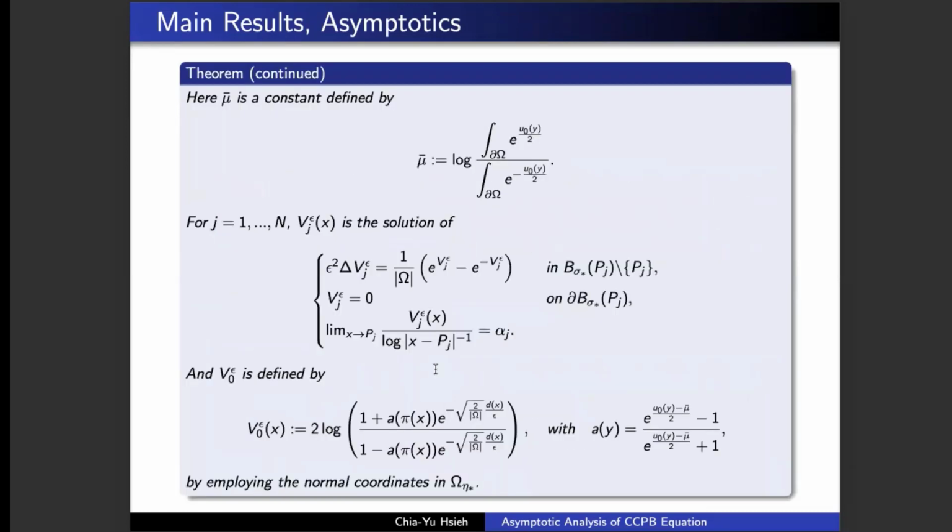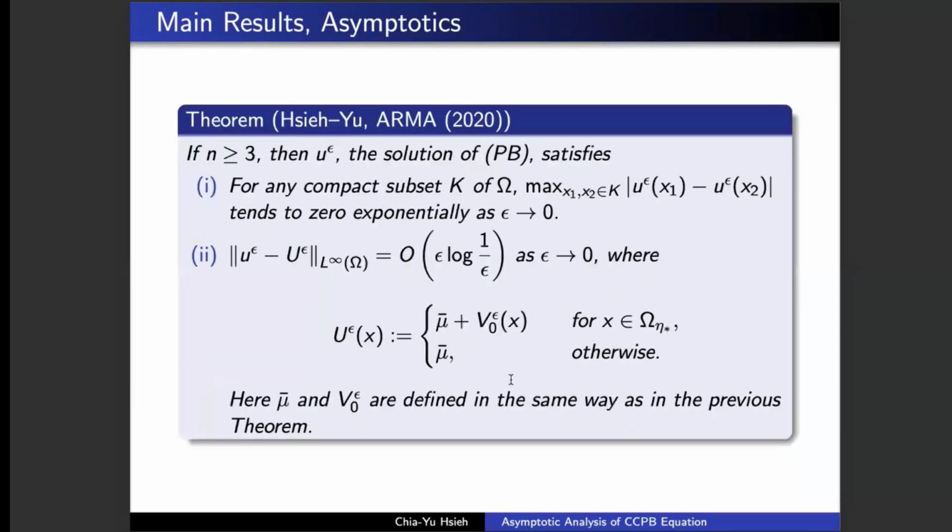So all the constants mu bar, Vj and V0 are described by the boundary condition U0 and also the order of singularity. As for the high dimension case, n greater than or equal to 3, the result is similar, but just because there is no singularity, for the first result the compact subset K is of the whole domain omega.